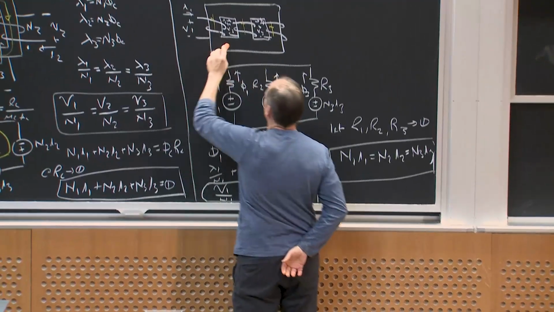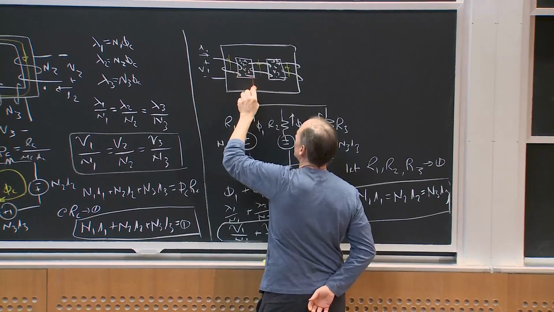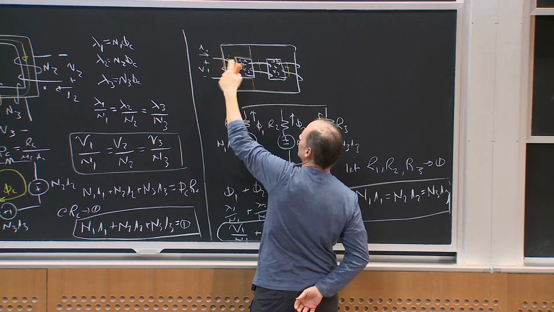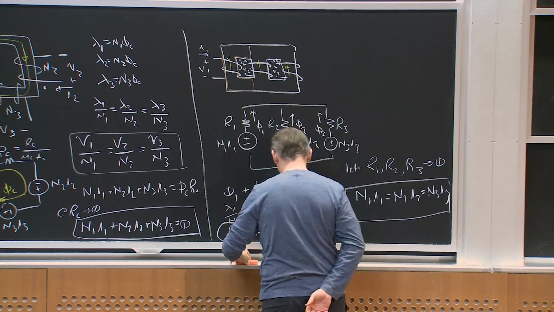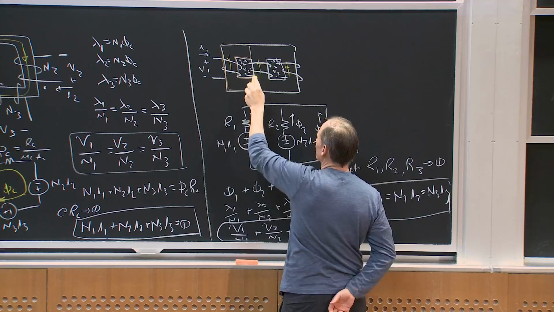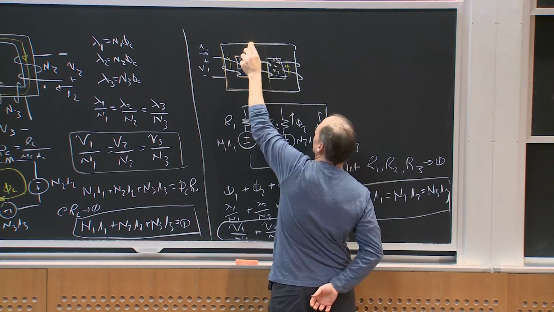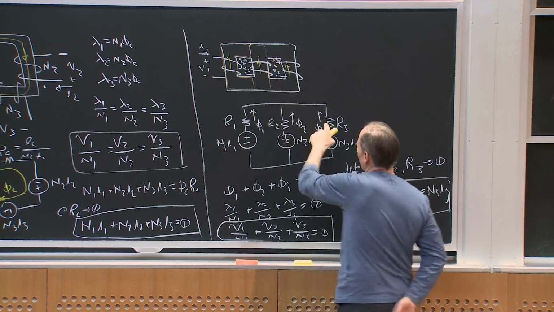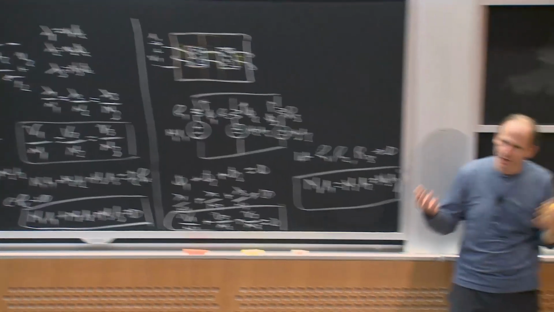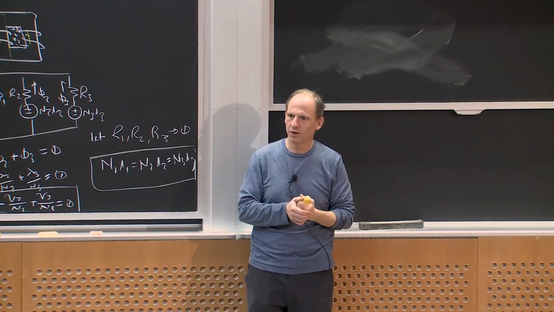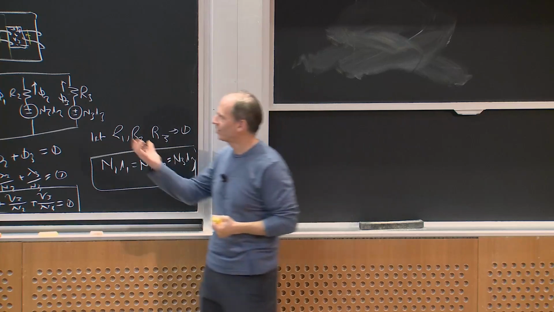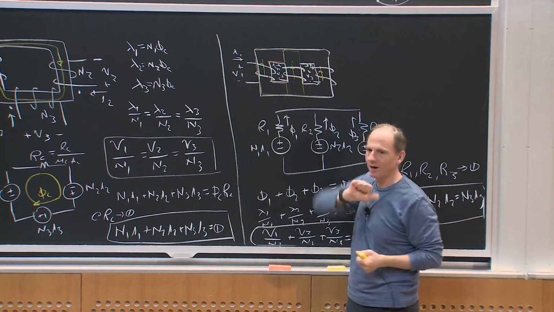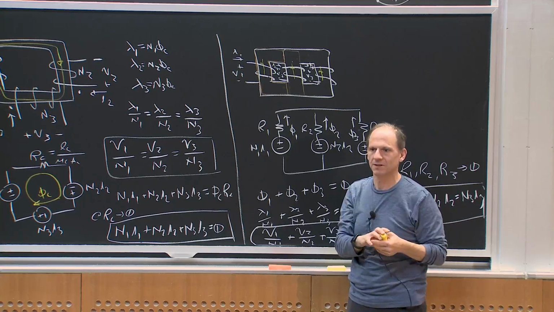I sort of just said, okay, let me take this first section, like maybe this section of the core, and ascribe one reluctance that this winding's on, and let me ascribe a second section of the core, like here, that this is wound on, and then a third section of the core is over here, and that's the third reluctance. You could break it up a different way, but that's one way you could think about it. So I've got 3 windings and 3 flux pipes that are all going between the top and the bottom. Does that make sense?